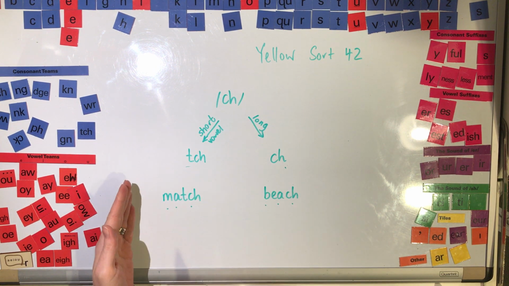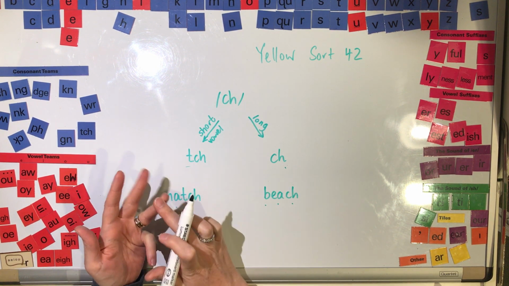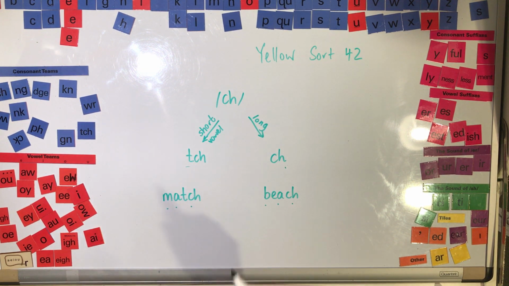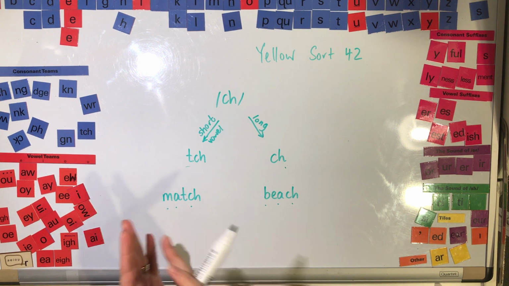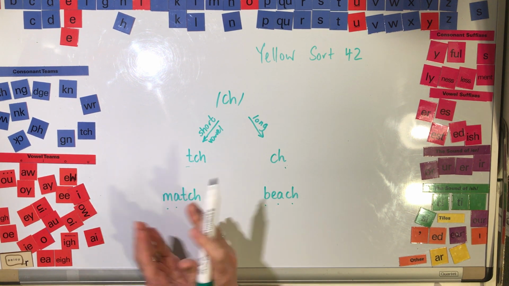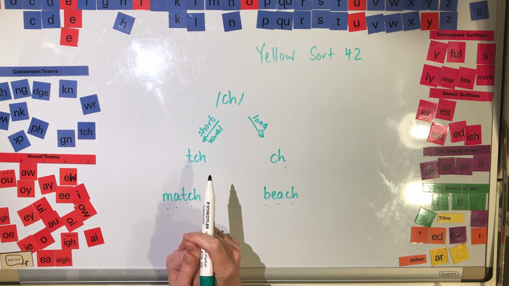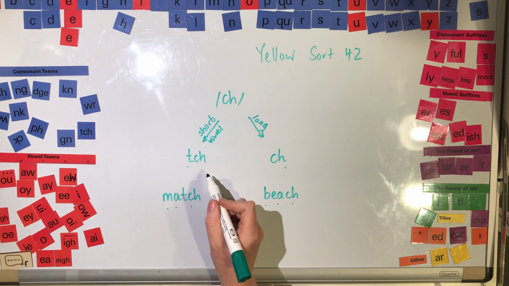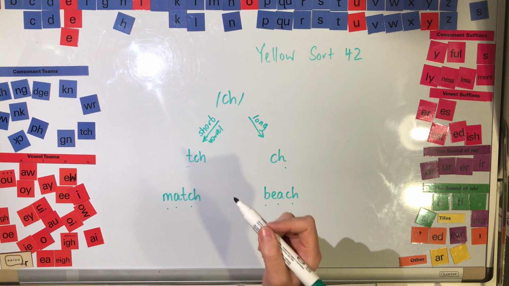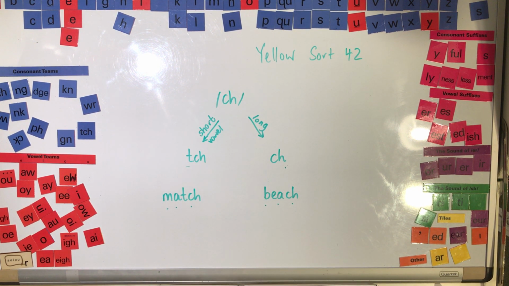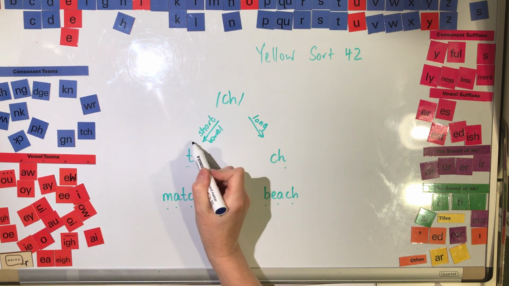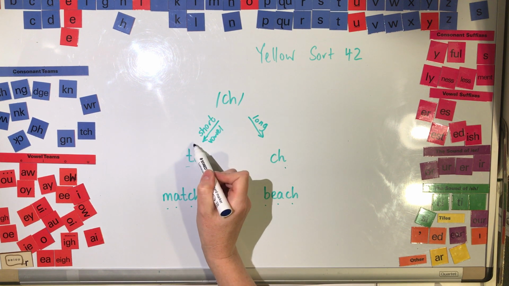What I want to teach is that there are three letters where, even if it makes the short vowel, we don't add the TCH. I'll show you what I mean. The three letters are R, L, N. It's an extension of the short vowel side.